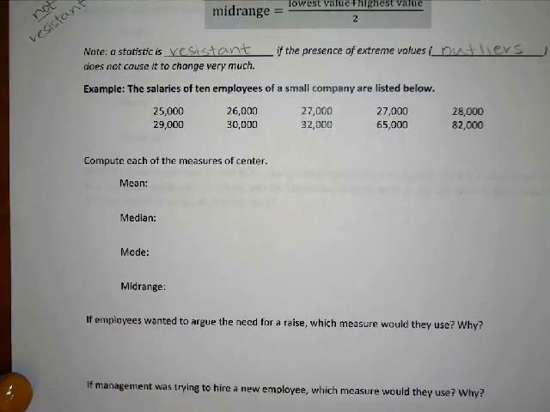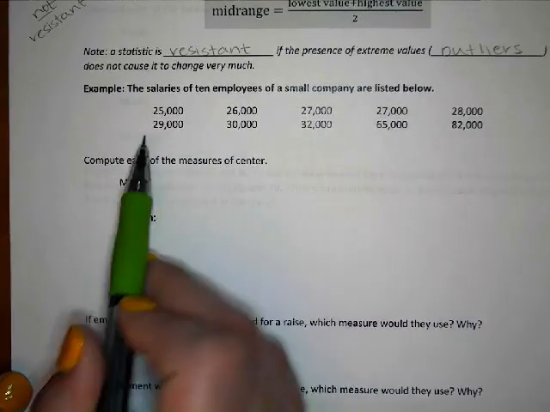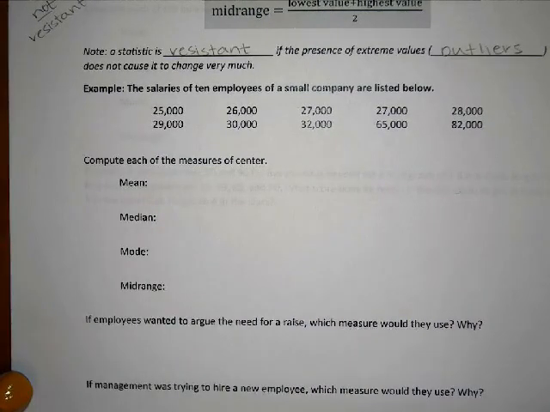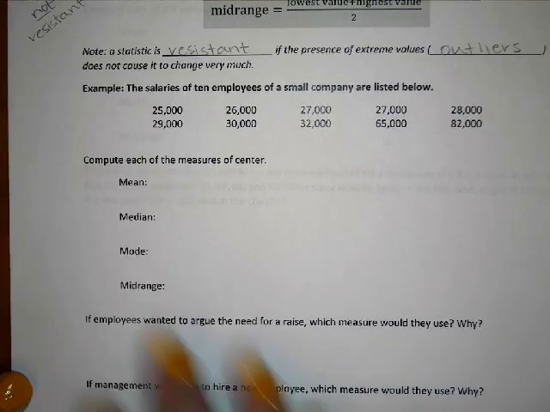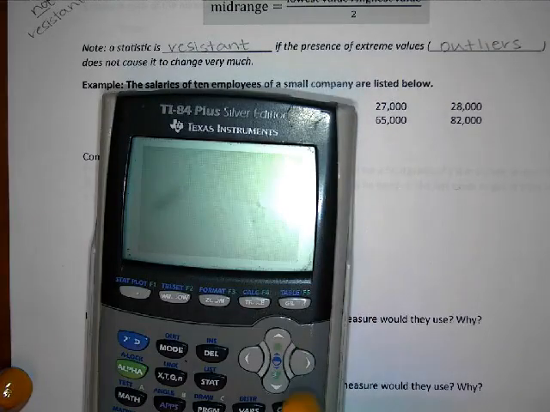The example says the salaries of 10 employees of a small company are listed below. So these are all salaries. They're in dollars. Compute each of the measures of center. So for the mean, we just had to add them up and then divide by 10.